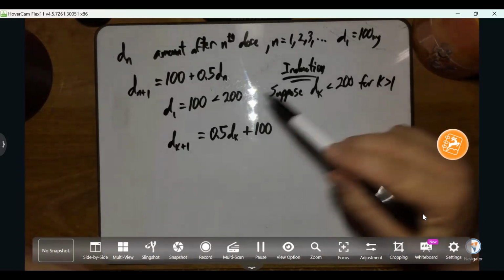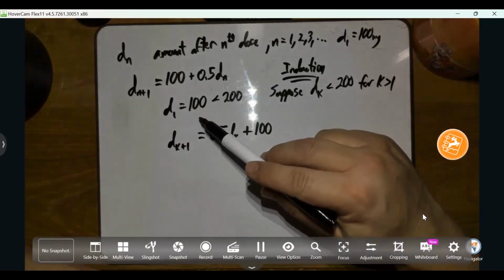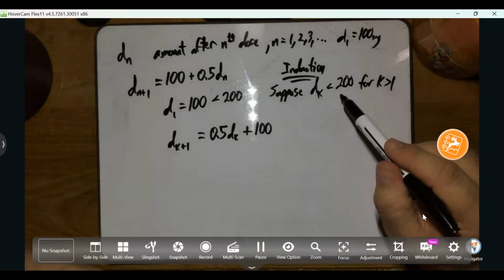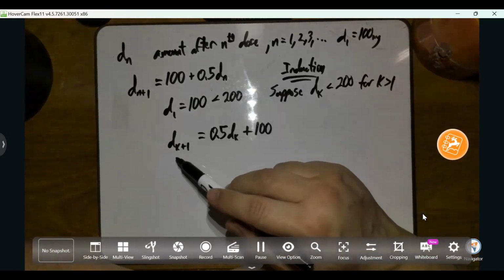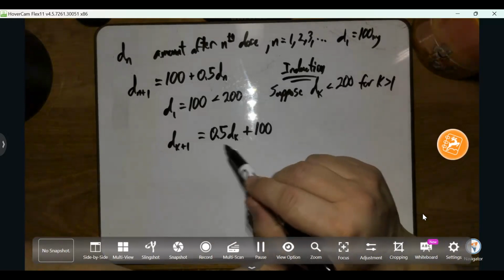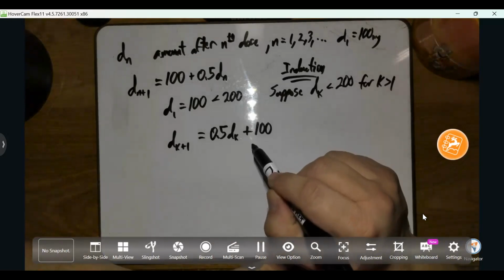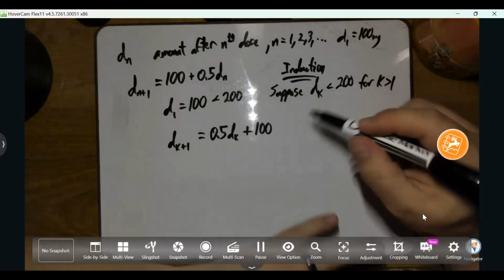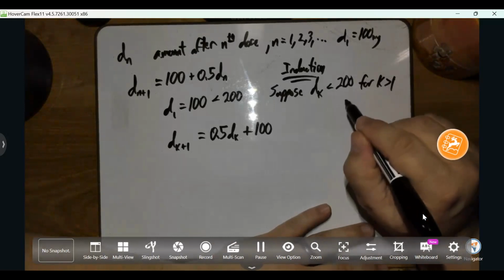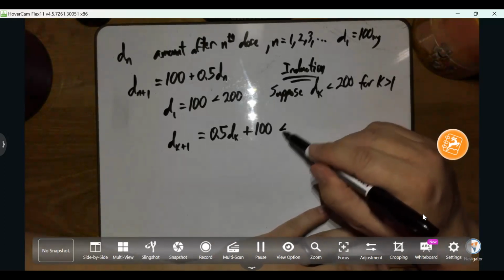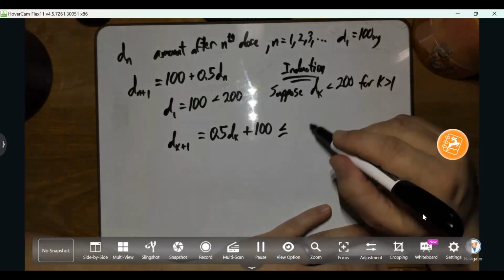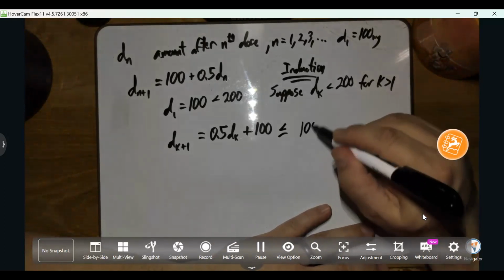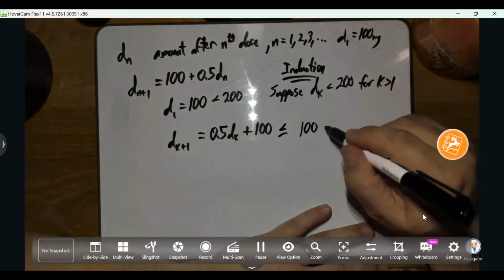So we know it's true for d1. We'll assume it's true for dk. And so dk plus 1, that's 0.5 dk plus 100. Well, since dk is less than 200, 0.5 dk is less than 100.